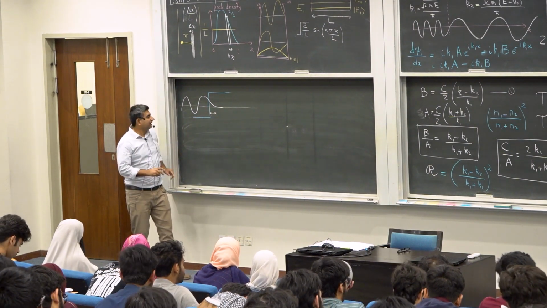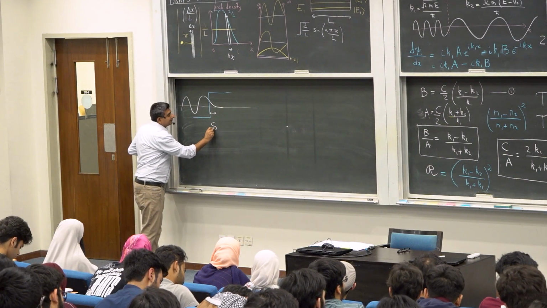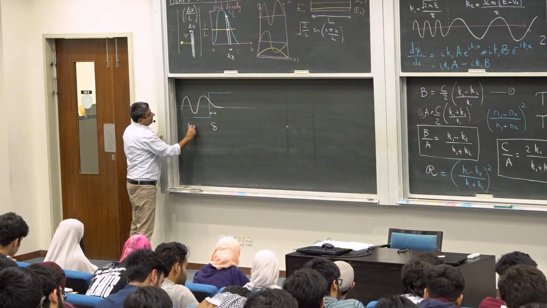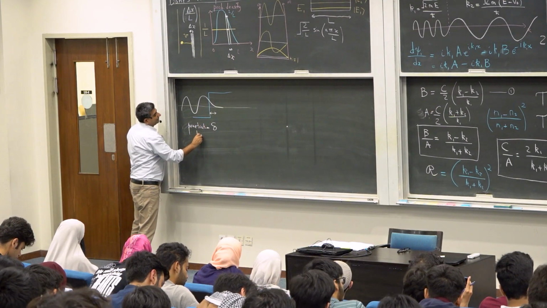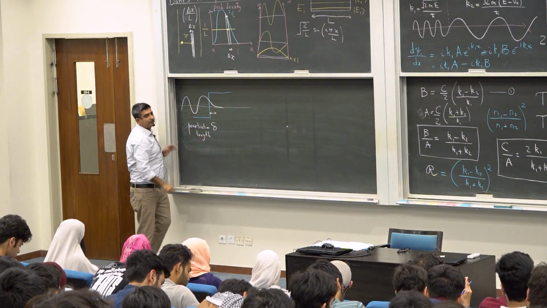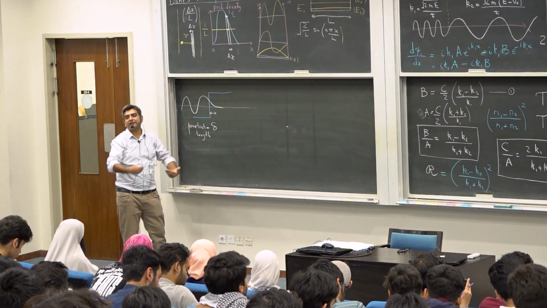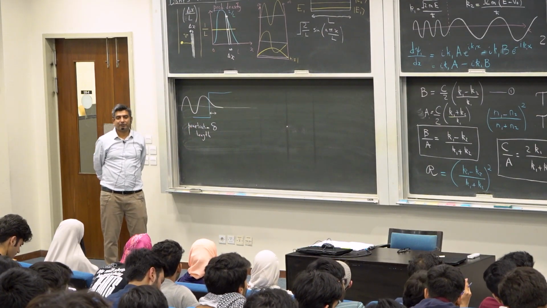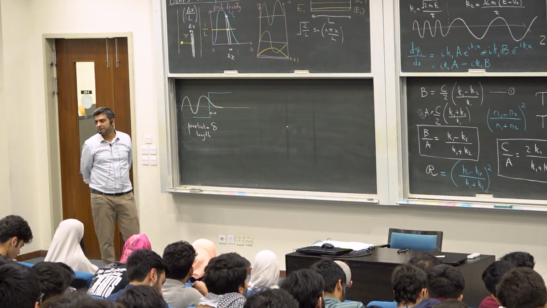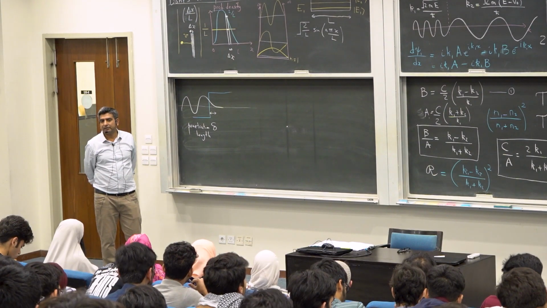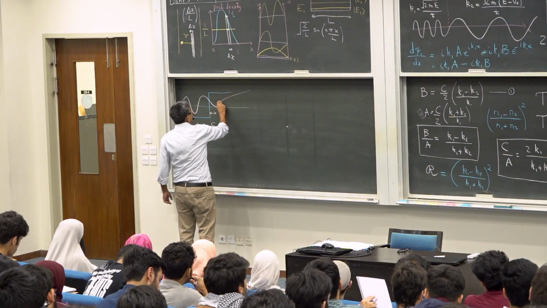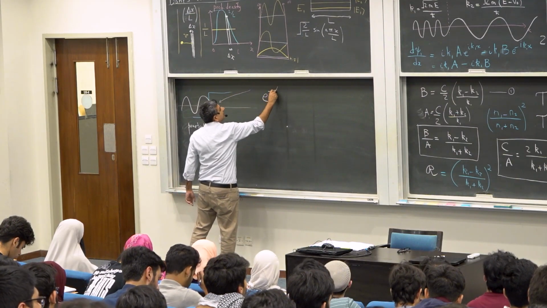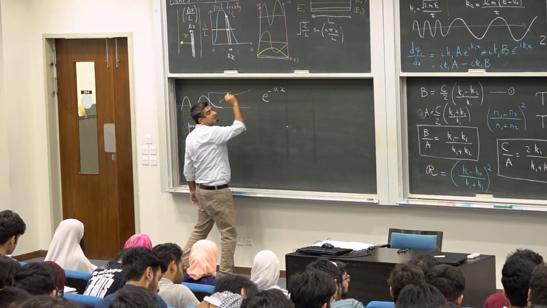Now I can define a penetration length. How far does it extend into this classically disallowed region? It depends upon alpha. So this function here is e raised to minus alpha x.